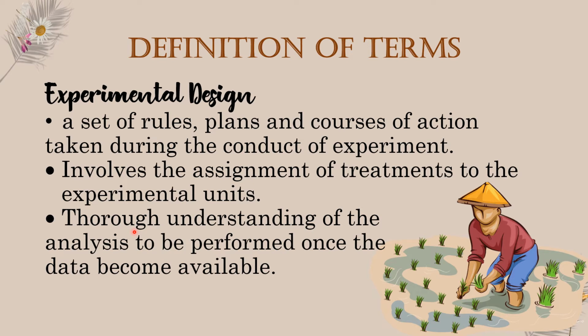And experimental design is a thorough understanding of the analysis to be performed once the data become available. That's why prior to your conduct of your study, you already have your experimental design, what experimental treatment structure or what design structure you will use. So it is under the concept of experimental designs.